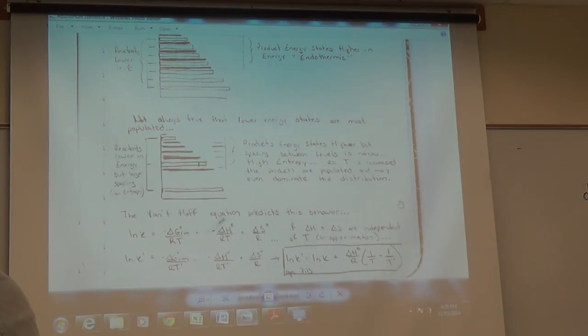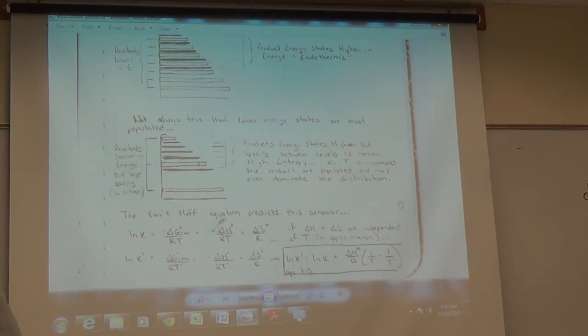In this top reaction, you've got 1.5 molecules of gas going to 1 molecule of gas, right? So what's the sign of delta S for this guy? Negative. This guy has a negative delta S for that reaction as written, in the direction written.